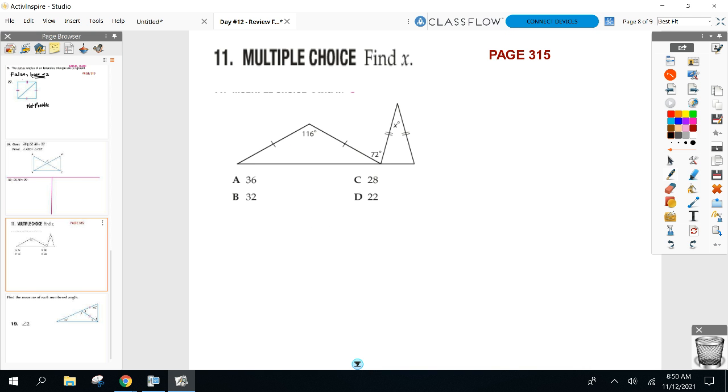The other couple I wanted to go over were on page 315, finding angle X. Could you find angle X? You might need a calculating device, but here you go, number 11 on page 315 in your textbook. Can you find X?